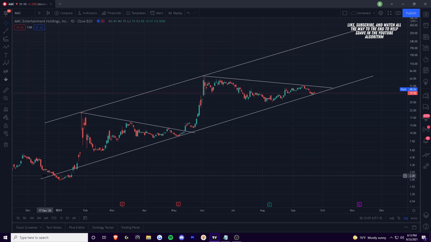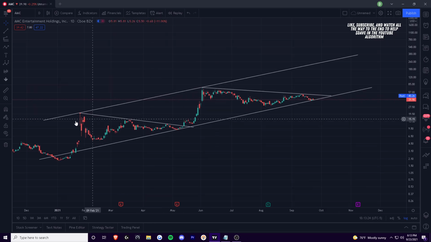Just like every video, I'll show you guys what I'm looking at from a macro perspective. So we have the long-term bullish trend, which is a solid white line at the bottom, and basically the long-term rejection zone. This is forming a long-term channel that we're trading in that has lasted the entire year.